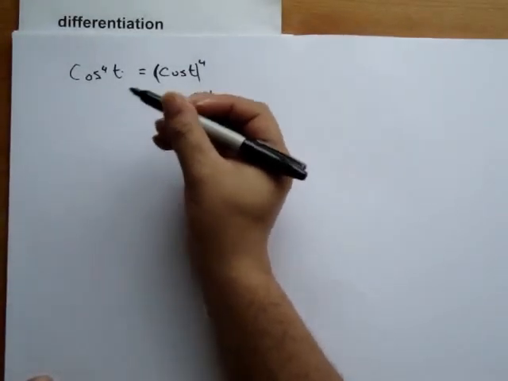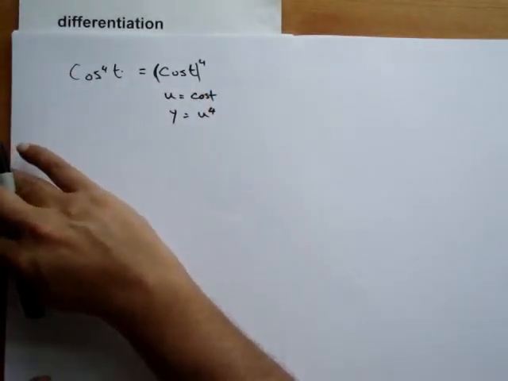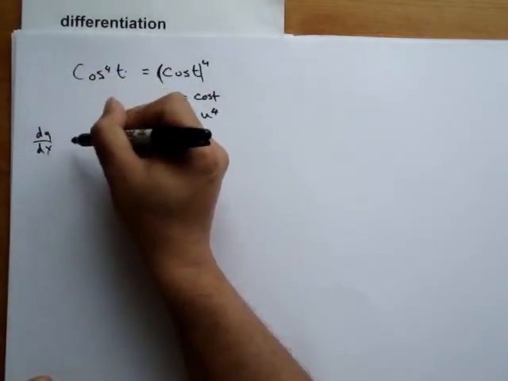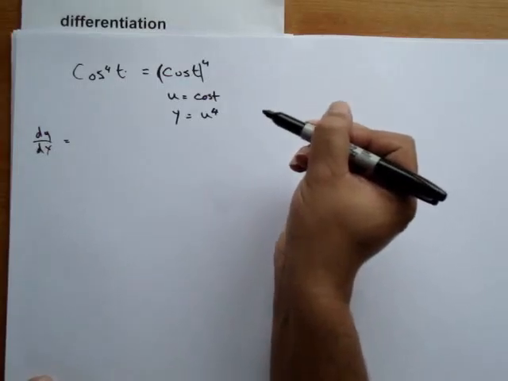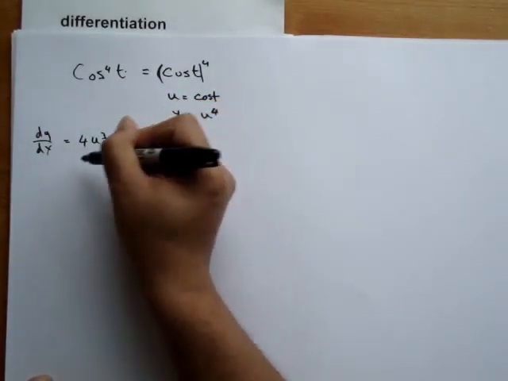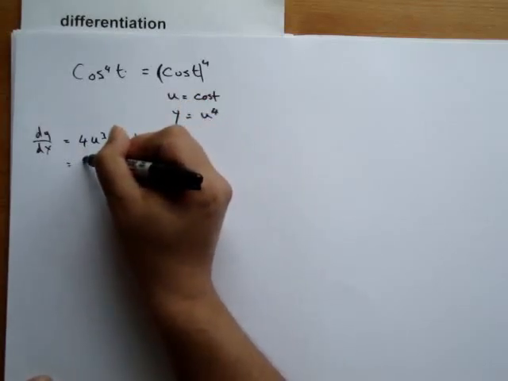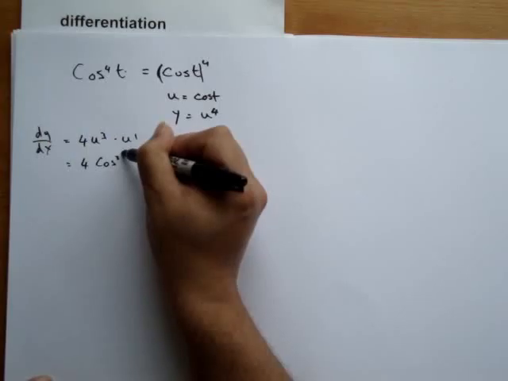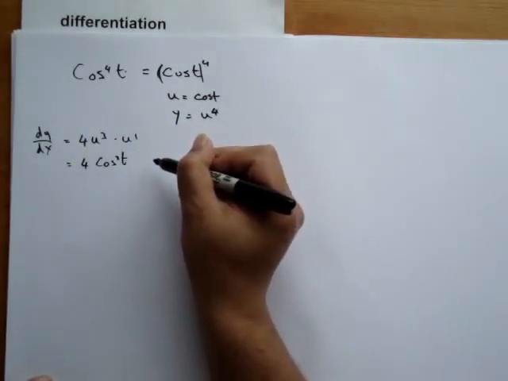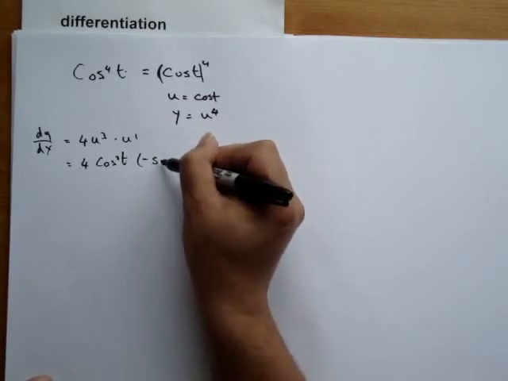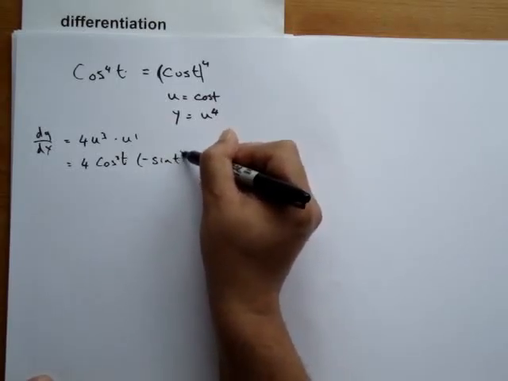When we do the differentiation, we get dy by dt equals 4u cubed multiplied by u prime, which is 4 cos cubed t, and we'll multiply that by minus sine t.